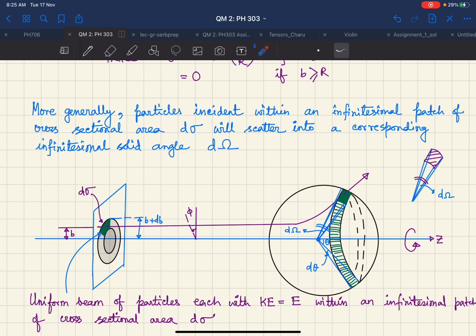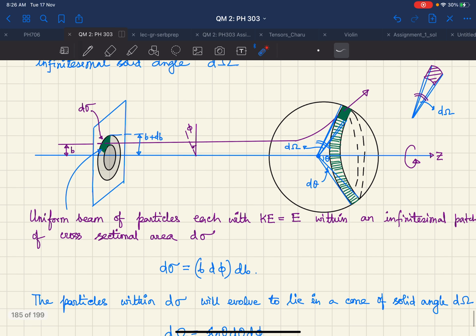This is a zoomed in version of this region. Here a lot of particles are coming in. You are taking an infinitesimal patch of cross-sectional area d sigma, and you want to figure out the number of particles that pass through this d sigma and scatter into a corresponding infinitesimal solid angle d omega, because there is a scattering center somewhere here.